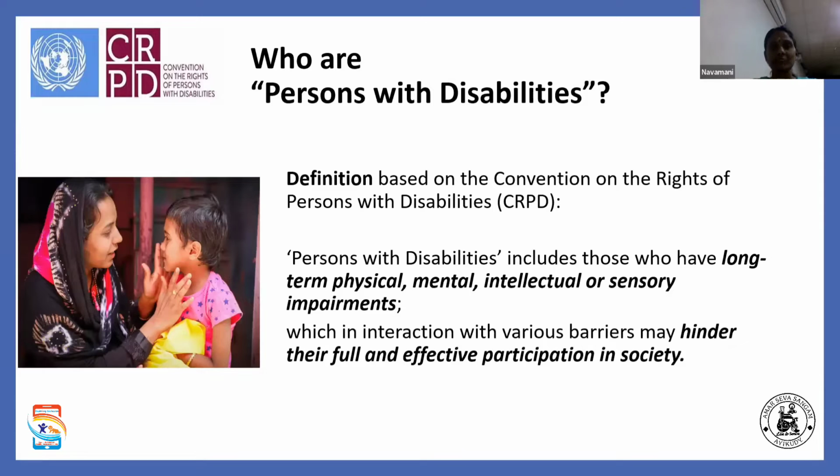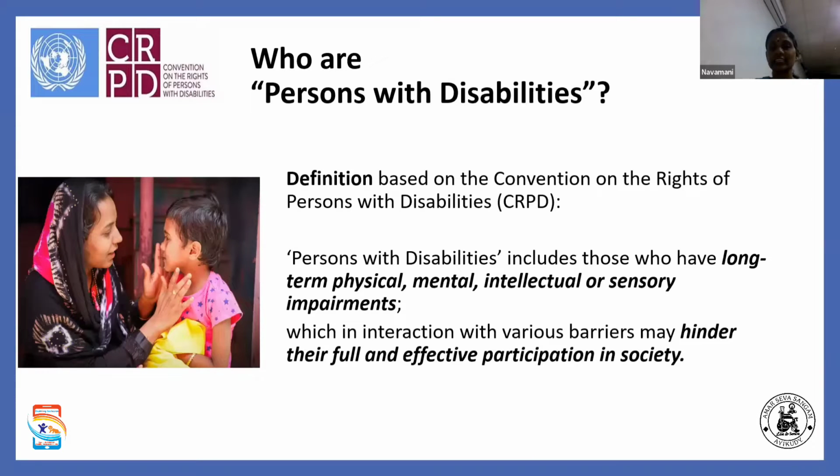Even the definition given in the UN convention talks about the environmental barrier. When it defines disability, it says when a person with impairment interacts with various barriers, like physical, environmental and attitudinal barriers, that limits the participation of persons with disabilities.